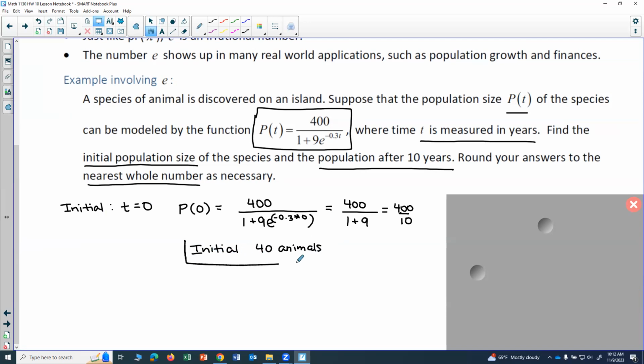All right. Now we'll find out if the population is growing or shrinking. So we're going to go ahead and plug in 10 years. So after 10 years, we're going to let t equal 10.